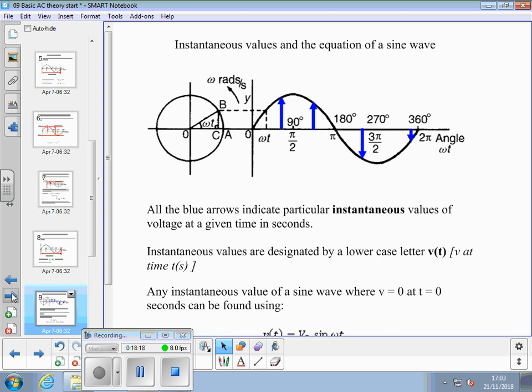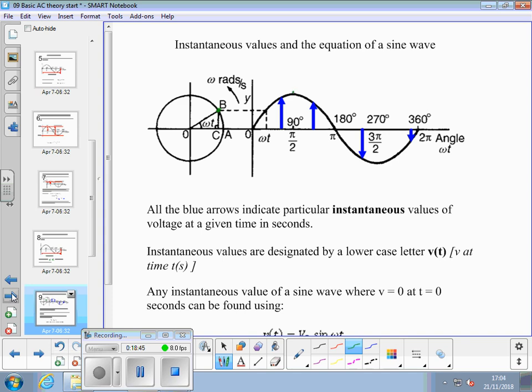So, moving on from that, we need to consider the instantaneous values of a sinusoid. As the conductor moves around in this generator anti-clockwise, it generates voltages up to the peak and down.